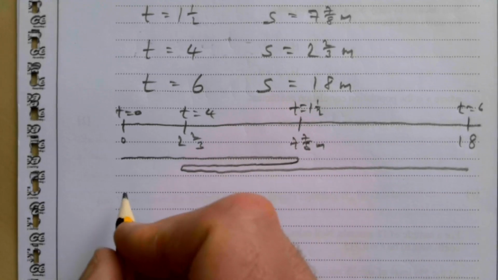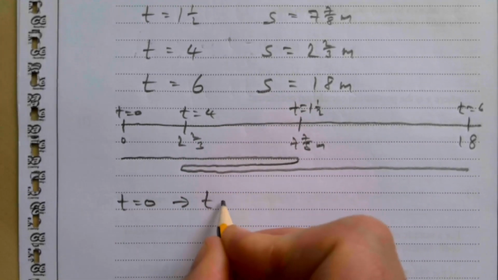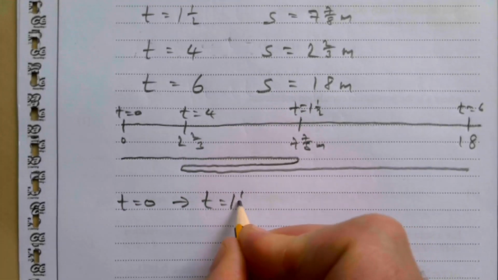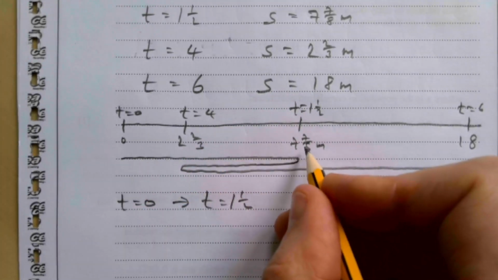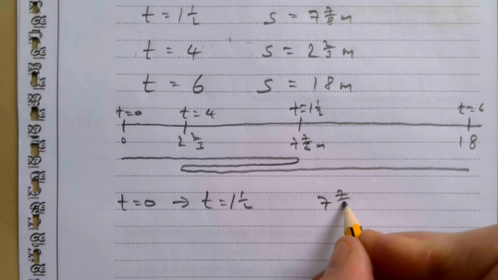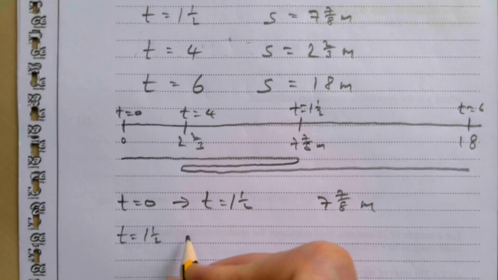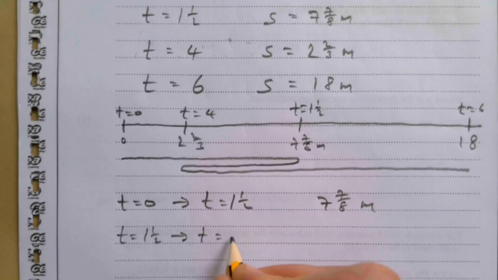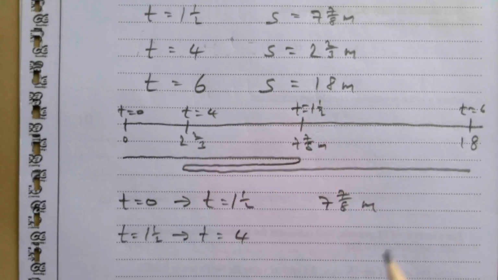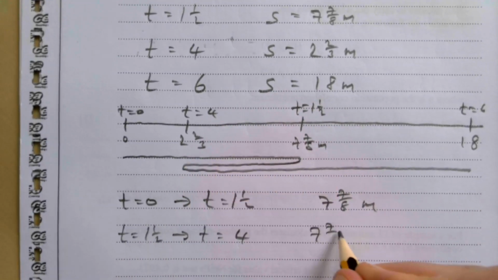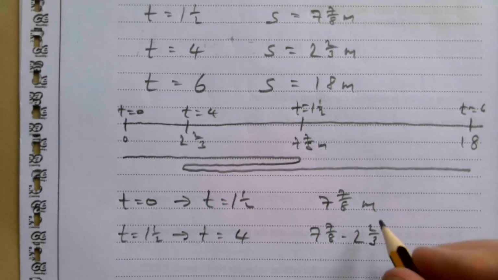So between t is 0 and t is 1.5, we have travelled 7 7/8 meters. Between t is 1.5 and t is 4, we've travelled 7 7/8 take away 2 2/3 meters.